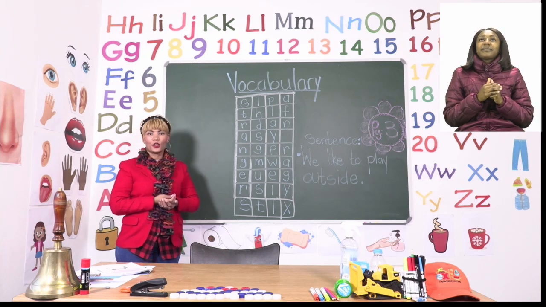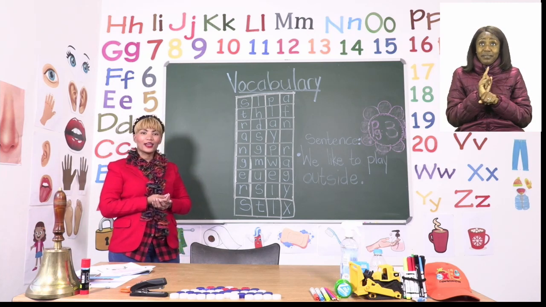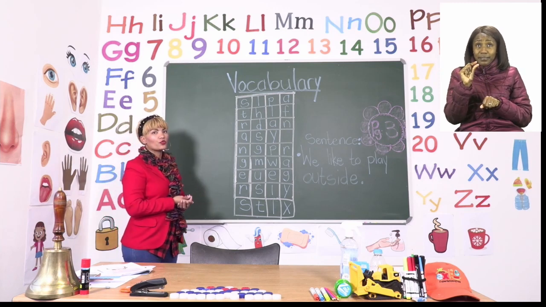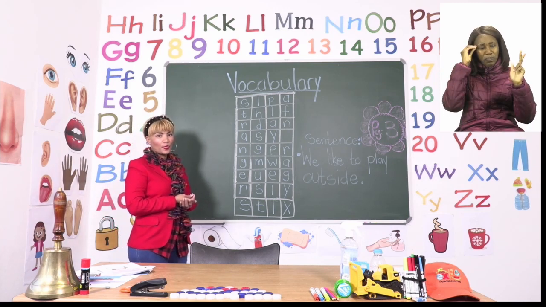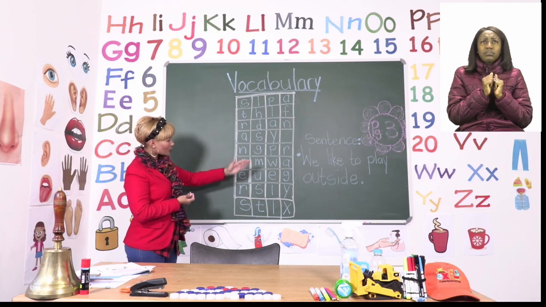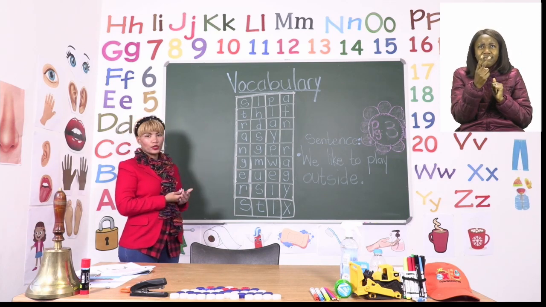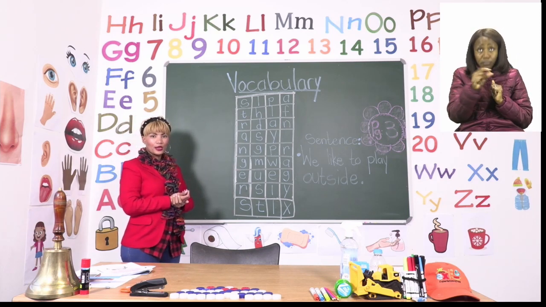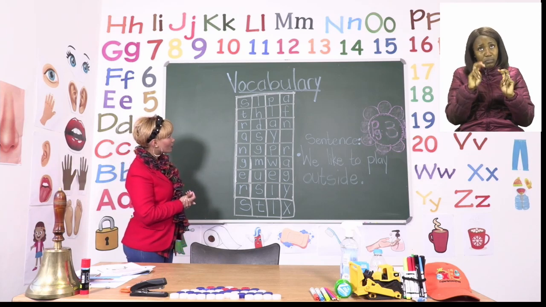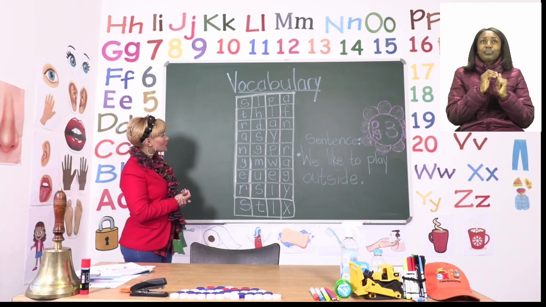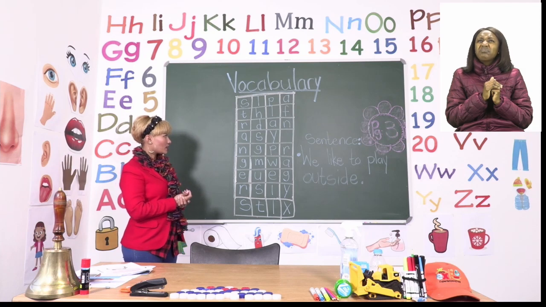Now, the first word that we are going to find is the word strangers. Can you see the part of the crossword that I put up here? Now, if you look carefully, where do you see the word strangers?